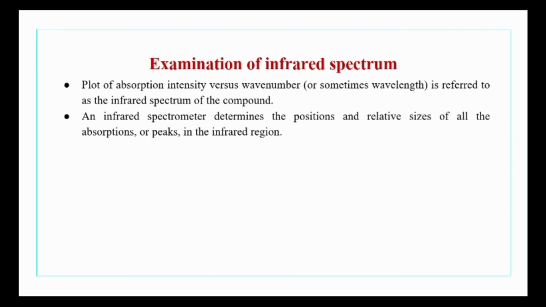The actual proper definition is that a plot of absorption intensity versus wave number is referred to as an infrared spectrum of the compound. An infrared spectrum determines the positions and relative size of all the absorptions or peaks in the infrared region.